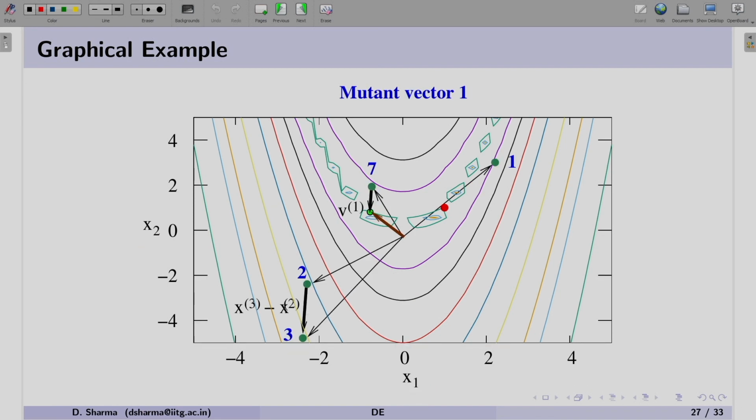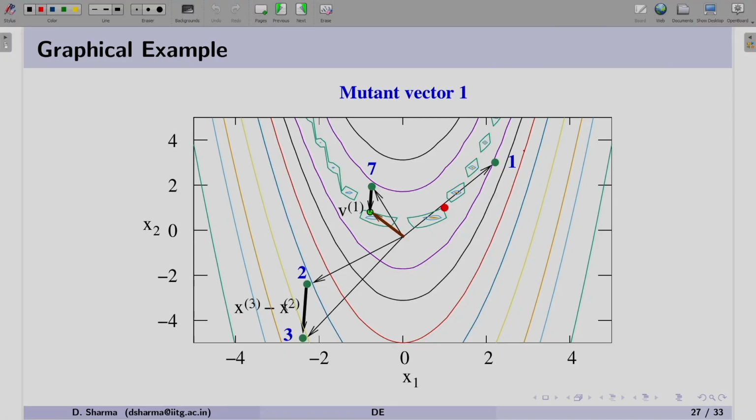Once we have evaluated that, we are inside the generation loop, and the first operation we do is the mutation in the form of the mutant vector. Let us take an example of the first target vector, target vector 1. Look at the figure here. The target vector 1 is here. For this particular vector, we selected R1 as 7, R2 as 3 and R3 as 2.